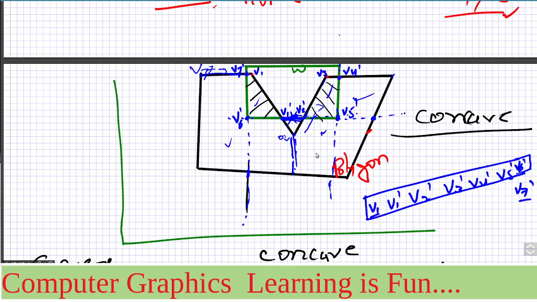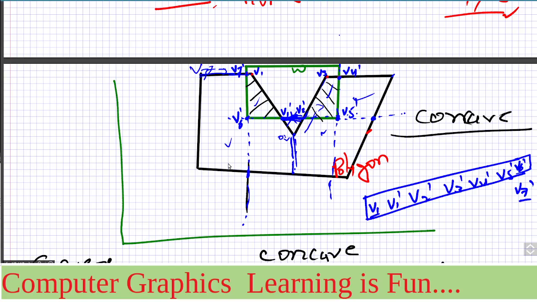Or the other way is, after finding this solution, if you are getting a line, meaning the two endpoints are on the boundary of the window, then that particular line should not be drawn. That can be a possibility.